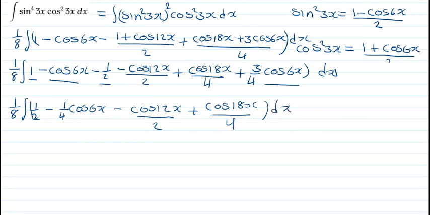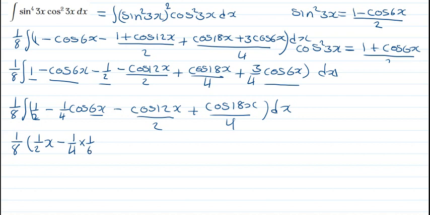With this, we can now integrate our function. So we're going to have 1 over 8 open. When you integrate 1 over 2, it's going to give us 1 over 2x. When you integrate negative 1 over 4 cos 6x, we're going to get negative 1 over 4. Then sine, so before we write sine, we integrate the angle, we get 6. So we multiply this by 1 over 6.